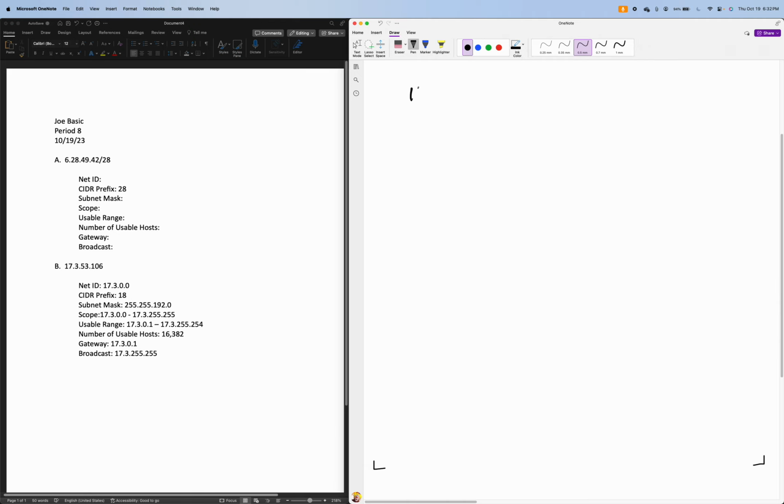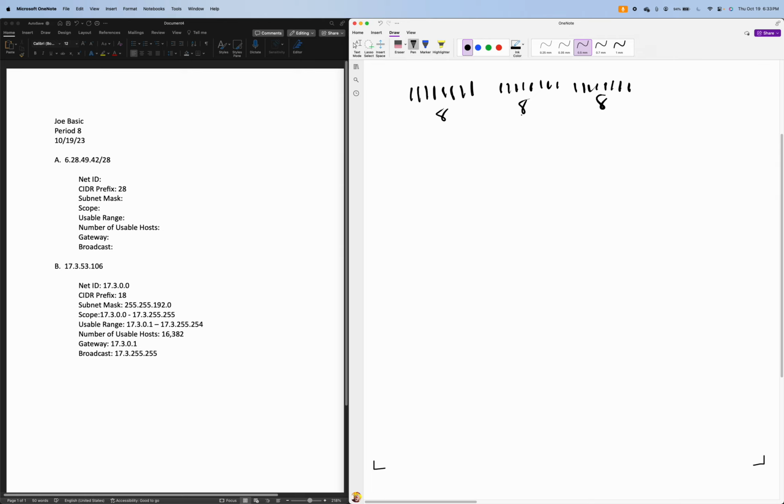So we have 8. That's one octet. 1, 2, 3, 4, 5, 6, 7, 8. That's 8, another octet. This is currently 16. 1, 2, 3, 4, 5, 6, 7, 8.